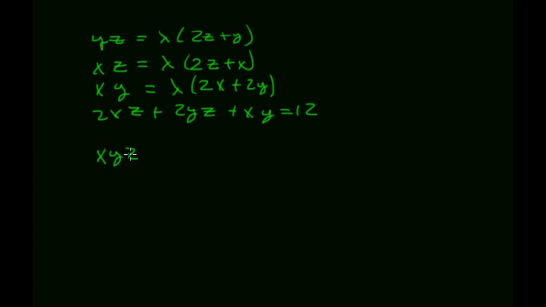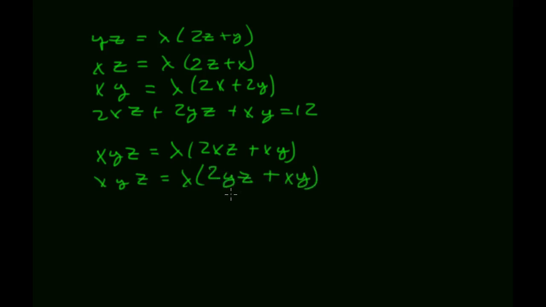The first one is missing the x, so xyz is equal to lambda times 2xz plus xy. For the second one, I get xyz is equal to lambda, and I'm missing the y, so this is going to be 2yz plus xy. And the last one is missing the z, so xyz is lambda times 2xz plus 2yz.